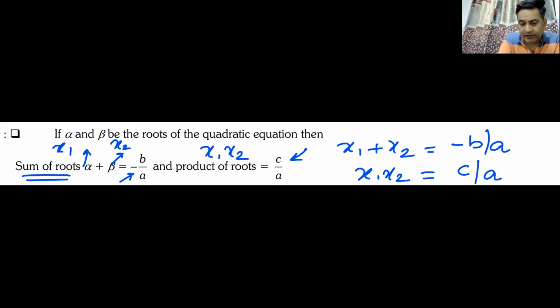On that note, I will wind off this class for today. A quick recap of what we have done: we have seen the general form of a quadratic equation, ax squared plus bx plus c is equal to 0. A quadratic equation has 2 roots, 2 solutions: minus b plus or minus root over b square minus 4ac, by 2a.